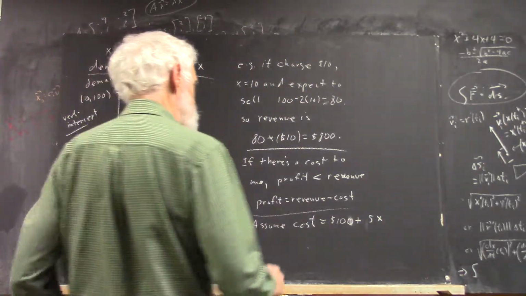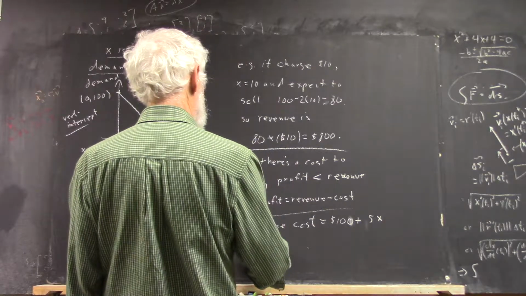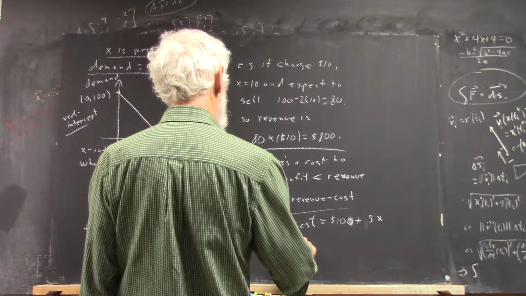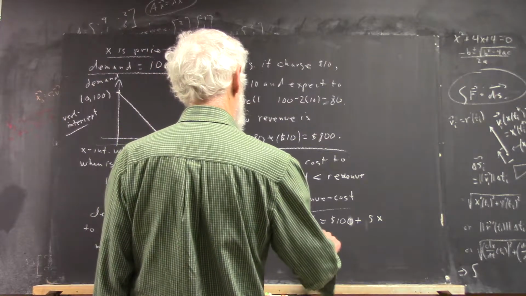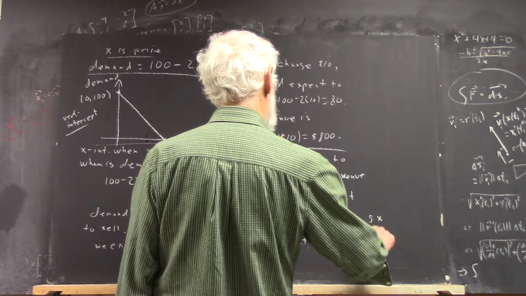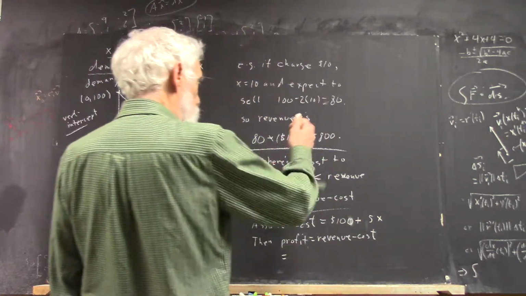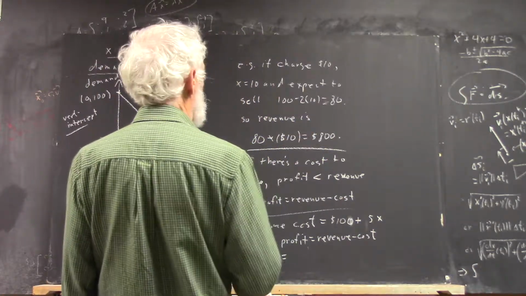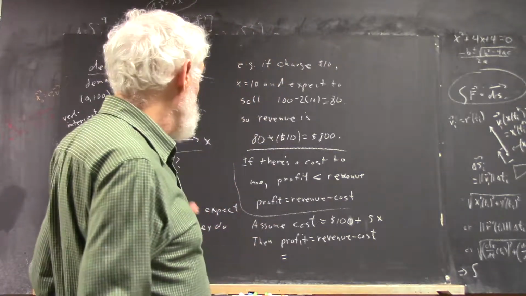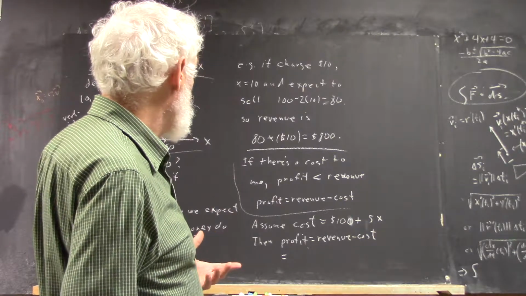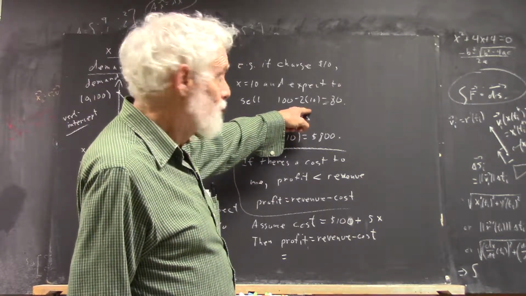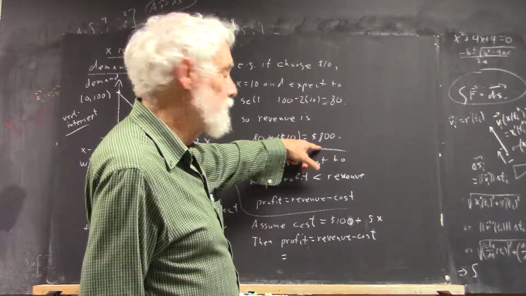So, profit is revenue minus cost. Revenue is, well, we haven't figured out what revenue is for x of these. I know what the revenue is if I charge $10.